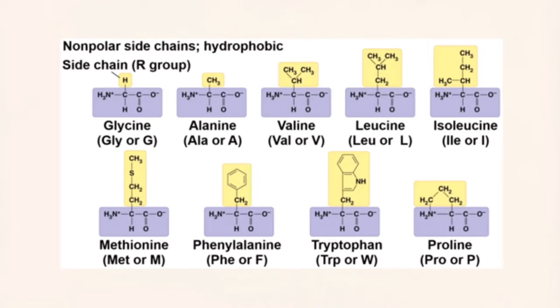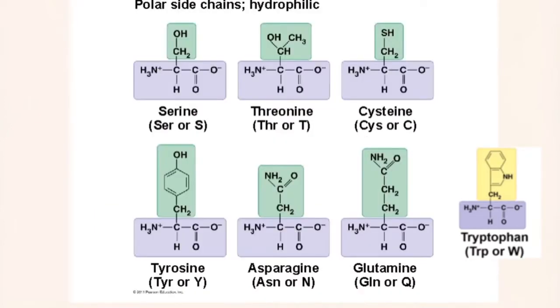So this was the nonpolar one, and there must be a polar one too. The polar side chains are hydrophilic, and similarly, purple ones are common parts and green ones are the different parts. An easy method to memorize them is just knowing that they have oxygen, hydrogen, or sulfur. But then some might go like, but there was sulfur in nonpolar ones too.